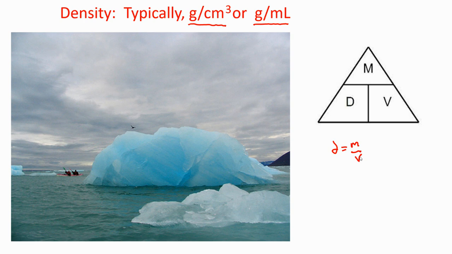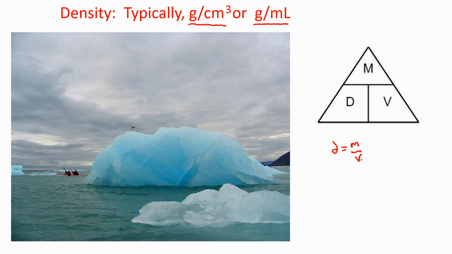Typically, the most dense substances tend to be solids. The least dense substances tend to be gases. And liquids are often not in the middle, but closer to solids than they are gases. There are exceptions to every rule. So, for instance, in this picture, we're looking at solid ice floating on top of liquid water.